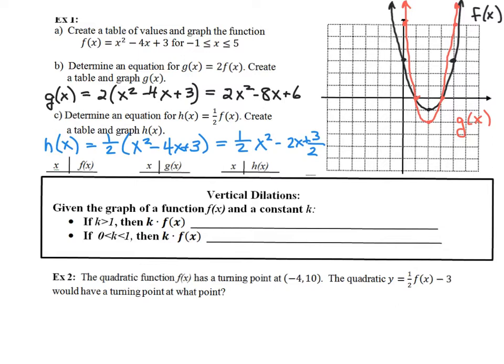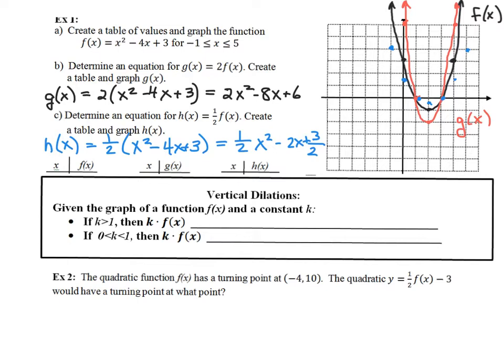So for h of x, I've got the ordered pair -1, 4, right here, 0, 1 1/2, 1, 0, 2, -1/2, 3, 0, 4, 1 1/2, and 5, 4.